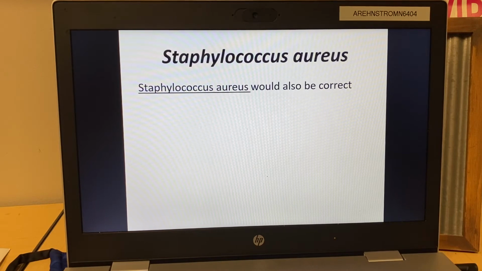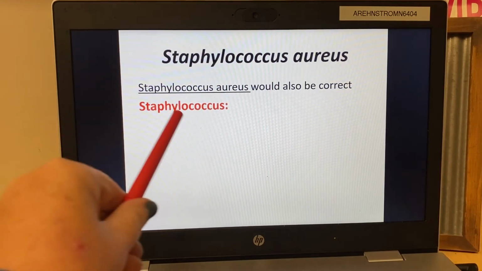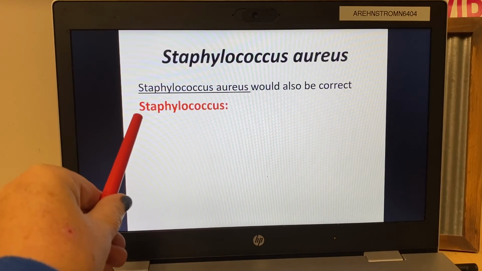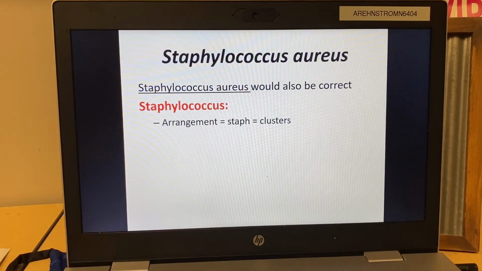Okay, so a lot of times the name of the organism can give you some clues about it. So remember earlier we talked about the 2 arrangements of bacteria, which are either staph or strep. We also talked about the 3 shapes of bacteria, which are cocci, rod, or spiral. So this, the genus, tells us that we have round bacteria that is in a staph configuration or in a cluster.